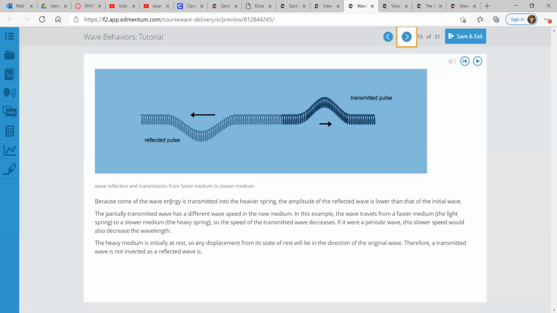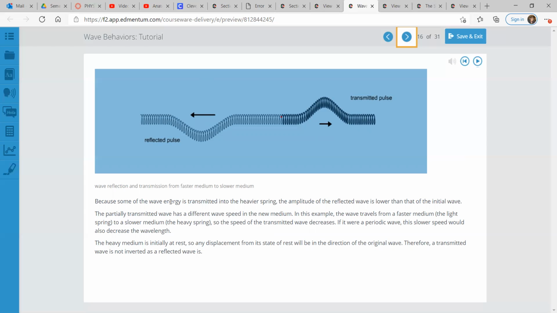The partially transmitted wave has a different wave speed in the new medium. In this example, the wave travels from a faster medium, the light spring, to a slower medium, the heavy spring. So the speed of the transmitted wave decreases. If it were a periodic wave, the slower speed would also decrease the wavelength.